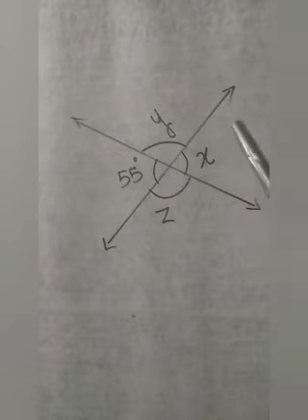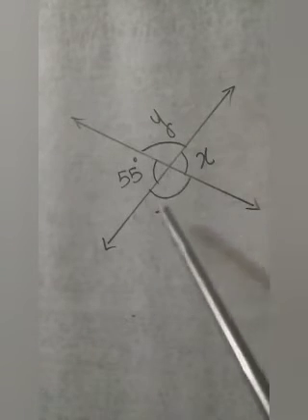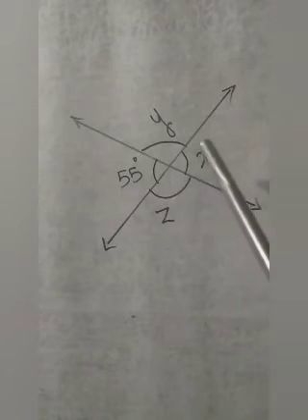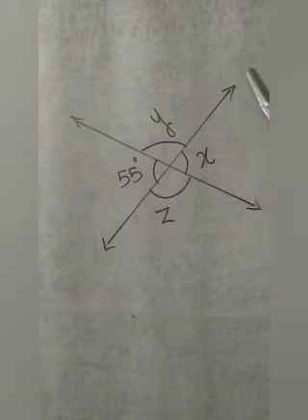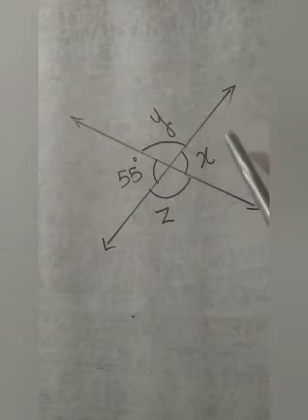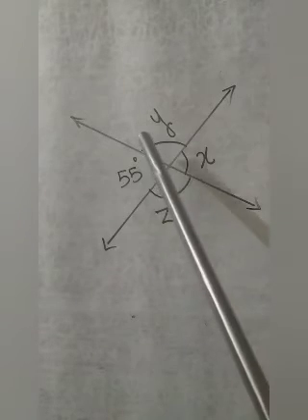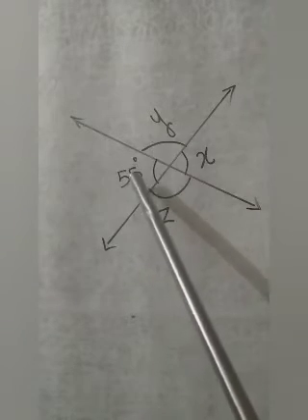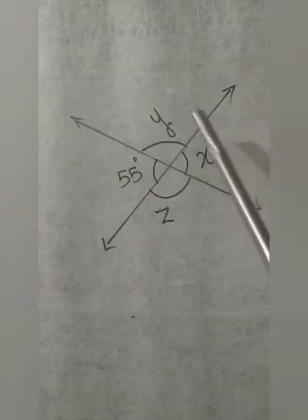Next question, here one figure is given. We need to find the value of x, y, z. So what is this figure? Two lines are intersected, isn't it? This line is intersected by another line and there are four angles. In that, the measure of one angle is given as 55 degrees. We need to find the other three angles.